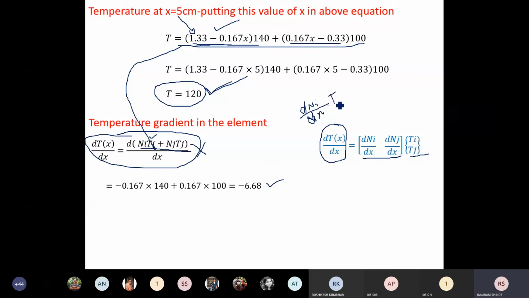Am I right? Because Ti is only a number. It is 140 here. Do you agree with this? Therefore, your first term is dNi by dx into Ti, plus second term is dNj by dx into Tj. Do you agree with this? Tj, and when we convert this in matrix form, you will get this form.